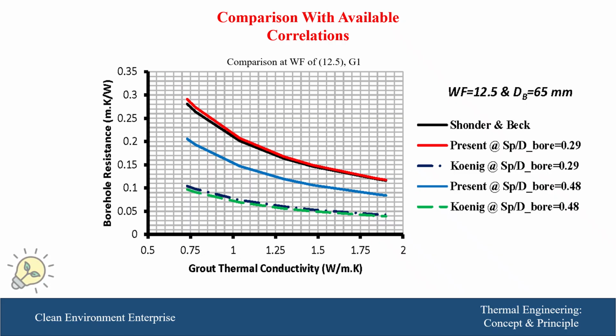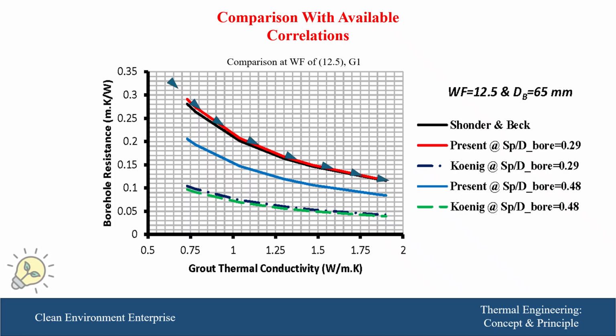When we compare at the same value with the Koenig equation, it is almost 0.1. And we can see here that the difference will be huge in the thermal design for the depth and the surface area of the heat exchanger, as it varies from a low value at 0.1 up to a high value at 0.3 for the thermal resistance.